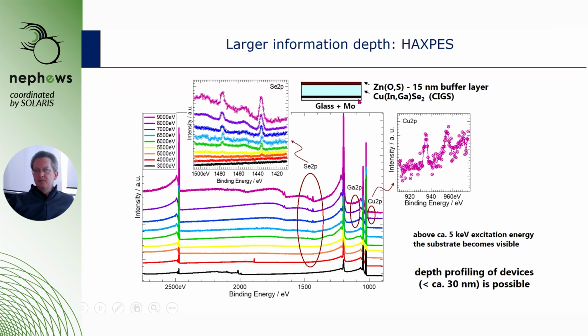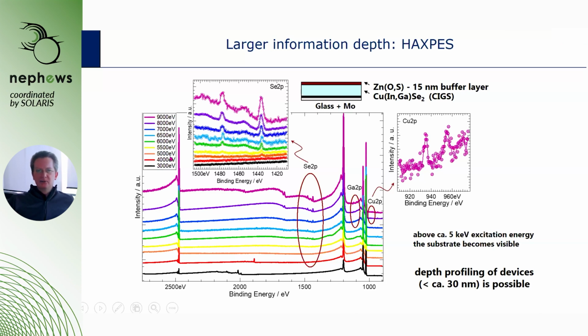And this is an example from a structure that is copper indium gallium selenide, so a solar cell absorber, that is covered with a zinc, oxygen, and sulfur containing buffer layer that is about 15 nanometers thick. So in a standard laboratory experiment with 1500 eV excitation energy, or here at the synchrotron 3000 eV in the bottommost spectrum, there is no way we get any information from the CIGS layer that is buried beneath the buffer.